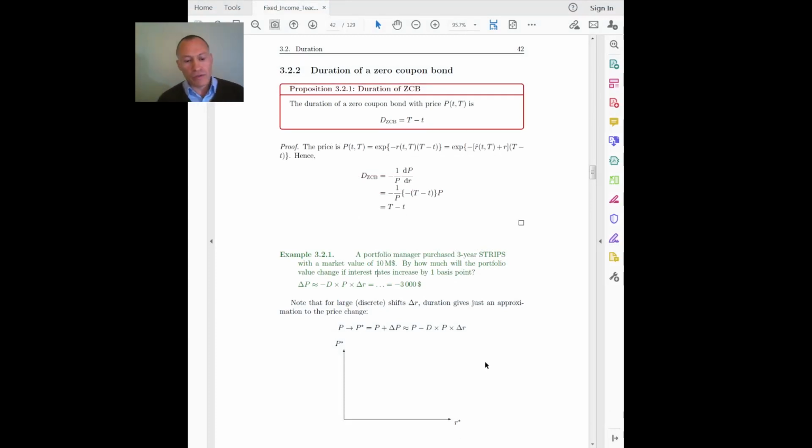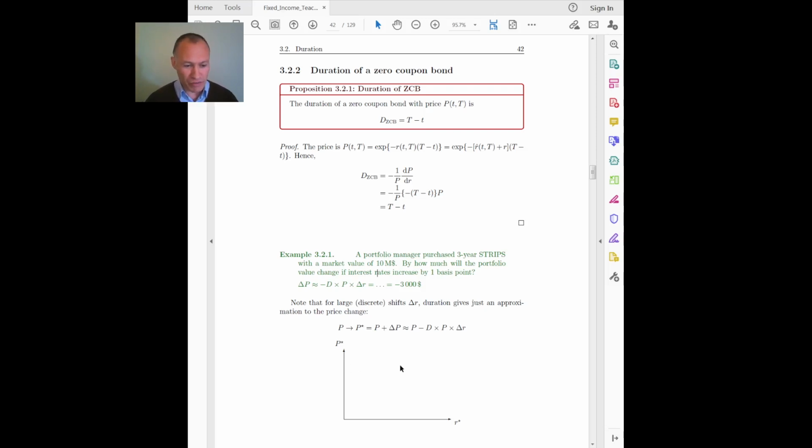Just to stress this interpretation of duration: it is a good approximation for small changes, but as the change in interest rates becomes larger and larger, the approximation becomes less good.